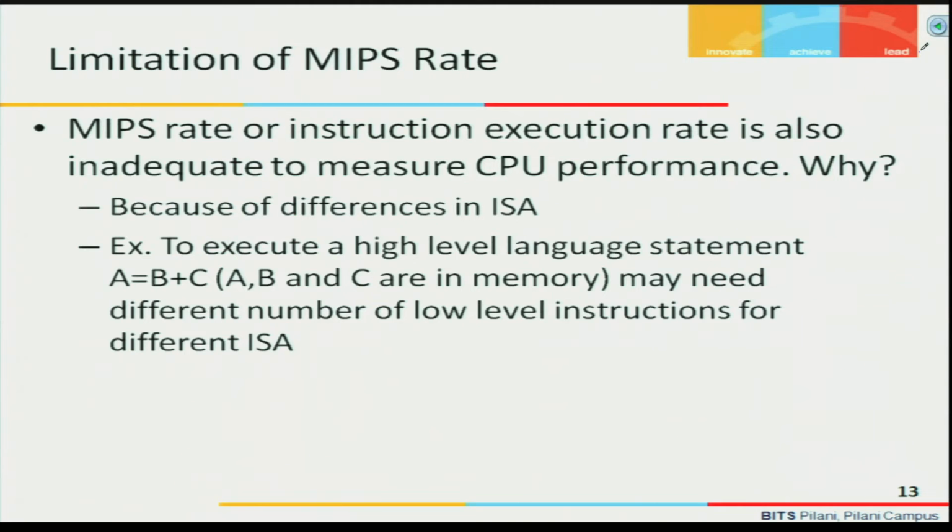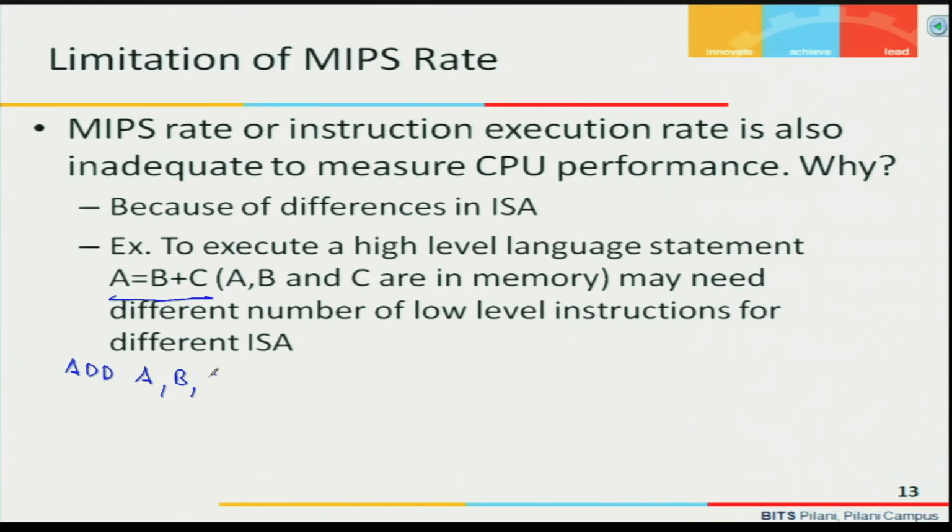So, for example, to execute a high level language statement A equals B plus C, assuming that A, B, C are in the memory, may need a different number of low level instructions for different ISAs. Let us say one ISA executes it like that: add A, B, C, where A is my destination.